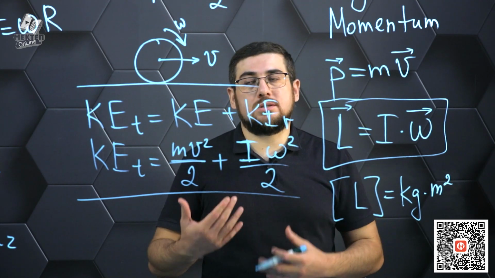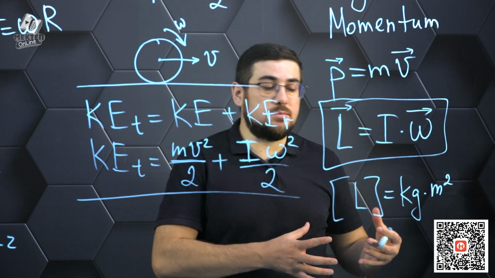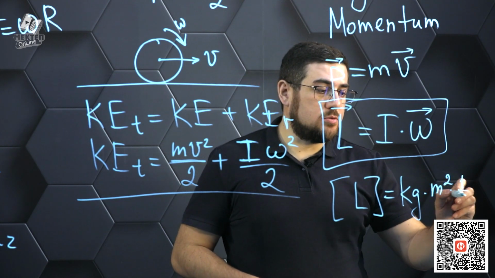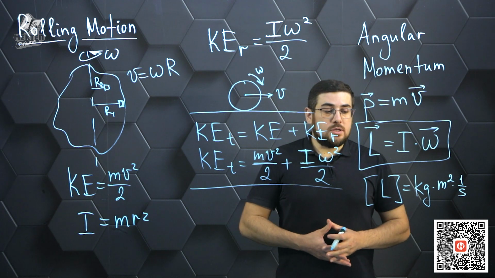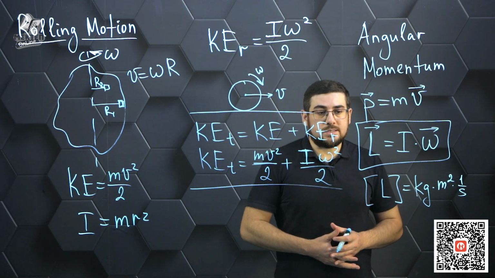Radians can be replaced simply by 1, since it's a dimensionless quantity, so we'll write it as 1 divided by 1 second.